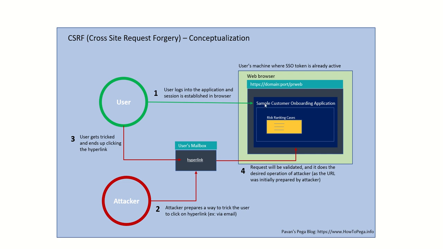So that's why we are saying the user is logging in for the first time, where the SSO token is already established and active. From then onwards, all the HTTP requests going through the web browser will have the valid cookie with the SSO token, which will allow the user to get redirected to the application and see the risk ranking cases, which is quite a valid use case, right?